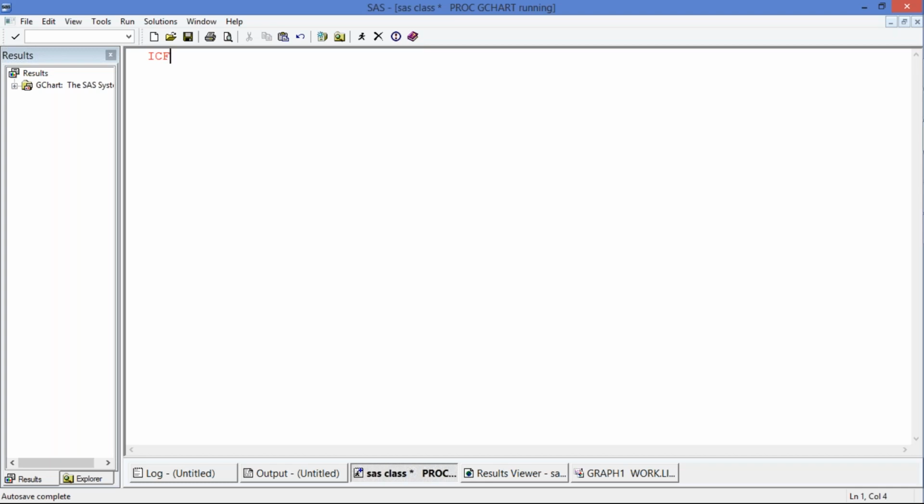ICF, informed consent form. So what is informed consent form? This is a form by which information will be given to the subject and we will take consent from the subject.